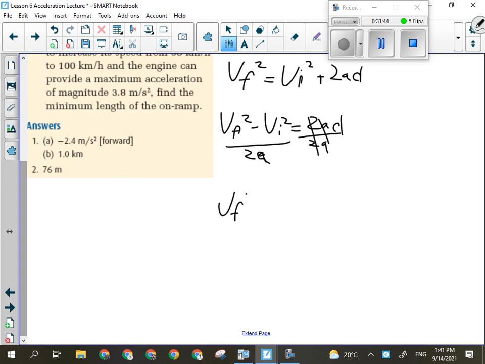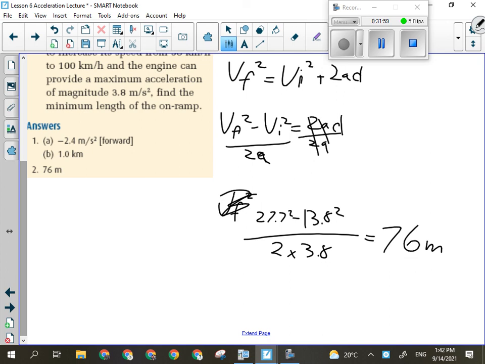So VF squared, sorry, we put in the numbers here. So 27.7 squared minus 13.8 squared divided by 2 times 3.8, right? And that should give us our 76 meter long on-ramp.